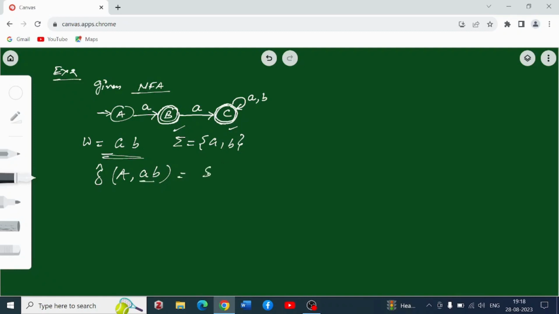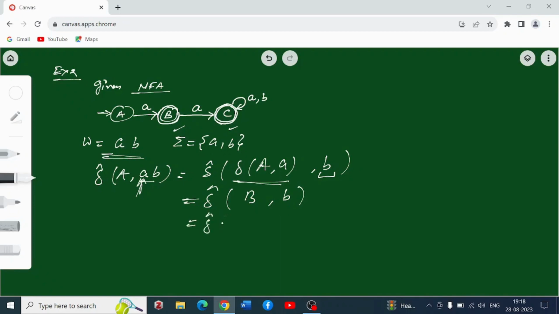If we extend this transition function, then we will have A and we will take the first input symbol, and this is the remaining input string. So A on input a is going to B, therefore we will have B here and this is the remaining input.